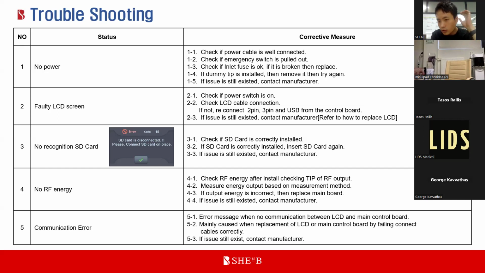Those are all automatically detected by one another. When we connect a tip on Smart RF, depending on whether it is insulated or non-insulated, the user interface will show that. So it's digitally communicating with each other.